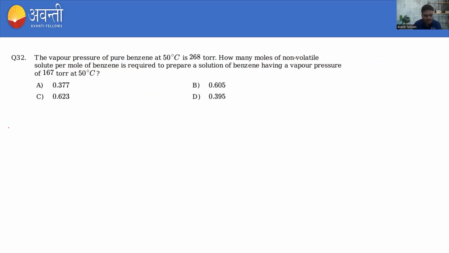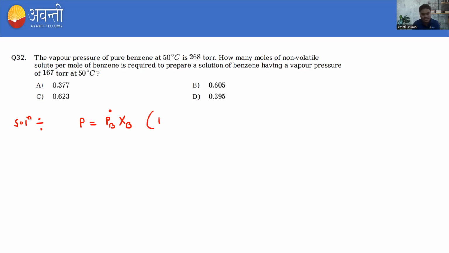So we know from Raoult's law that P is equal to P naught B multiplied by XB, right? And here benzene acts as the solvent.